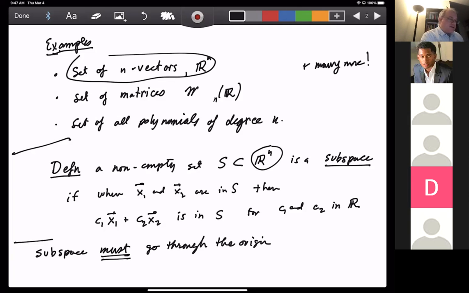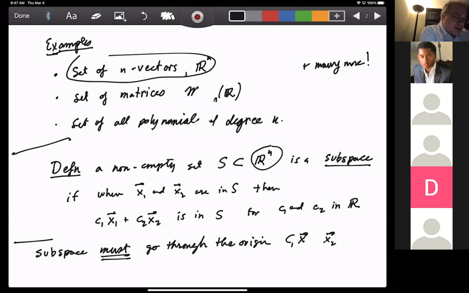It must go through the origin. And you can sort of see that from the following. Say x1 and x2 are in your thing you're checking to see if it's a subspace.